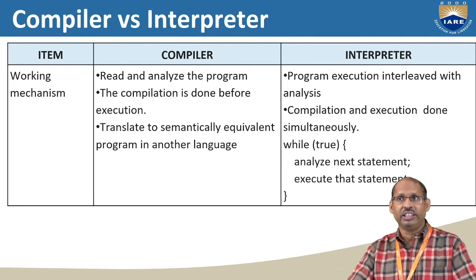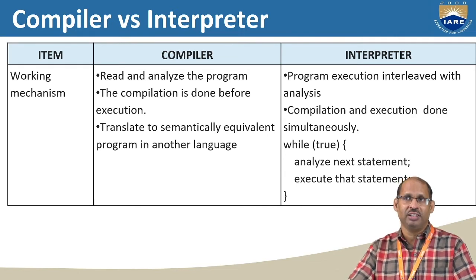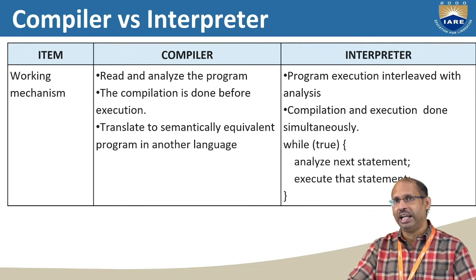The advantage of an interpreter over a compiler is that it works line by line. A compiler takes the complete 100 lines of source program and converts.